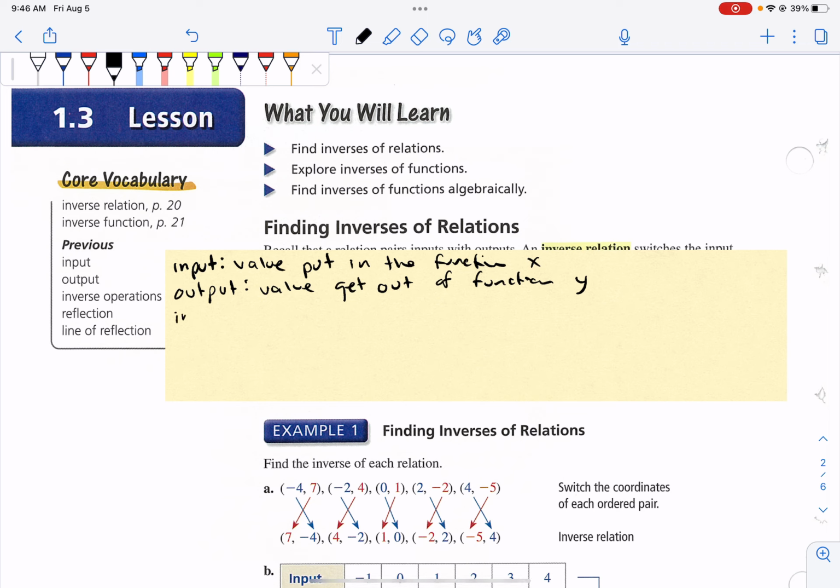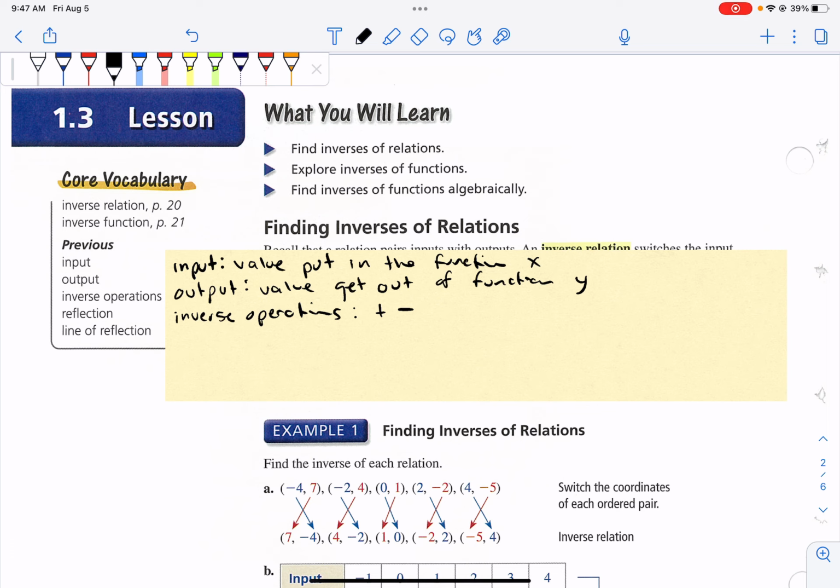Inverse operations. So inverse operations are operations that undo each other. Like adding and subtracting are inverse operations. If I add 5, to undo that, I minus 5. Okay, they inverse each other.